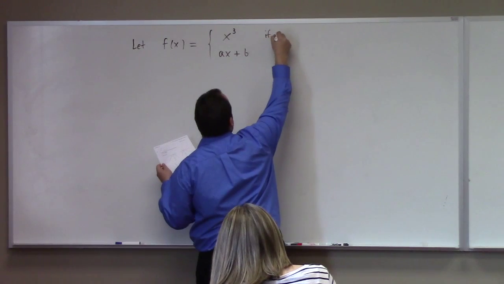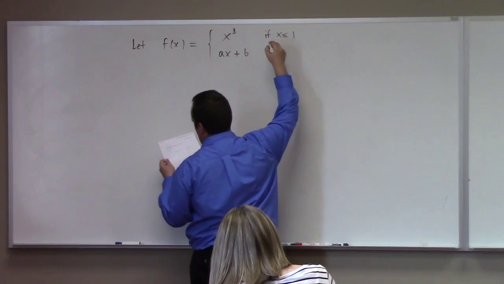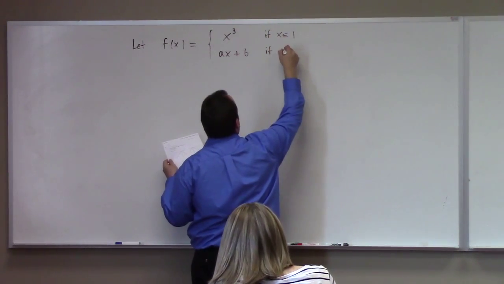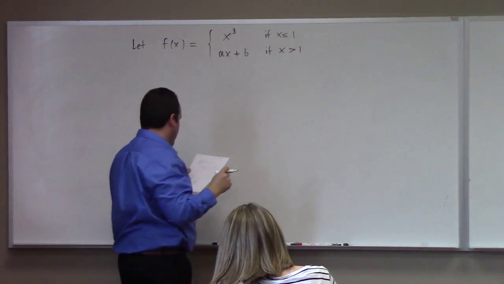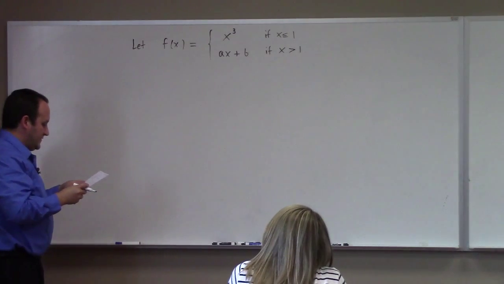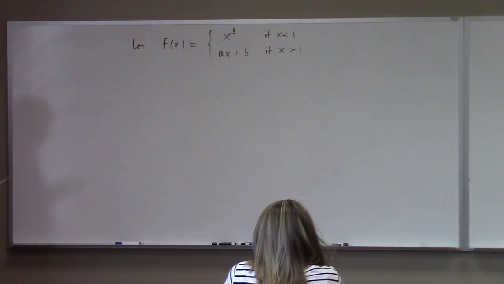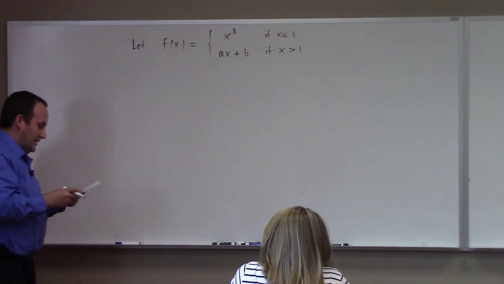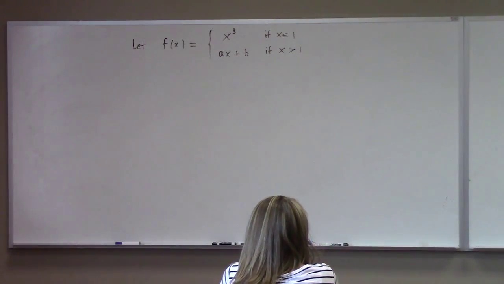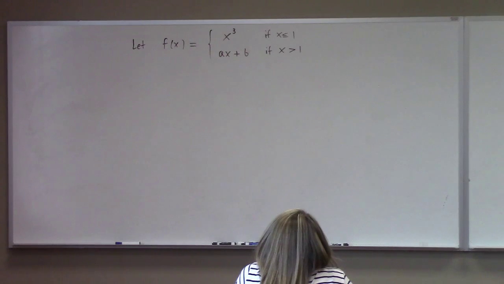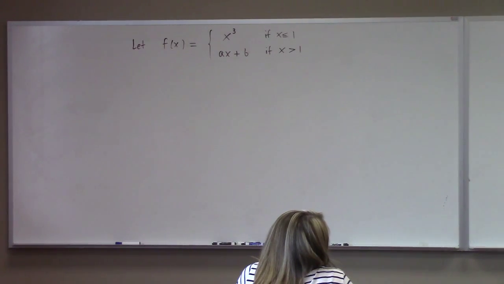So x cubed if x is less than or equal to 1, and ax plus b if x is greater than 1. So this is a piecewise defined function. Our problem is to find the values of a and b so that f is continuous and has a derivative at x equals 1. They give you options for the sketch of the graph, none of which will be the sketch of our function, obviously, because I changed the problem.